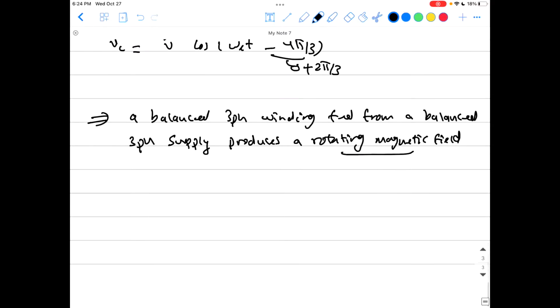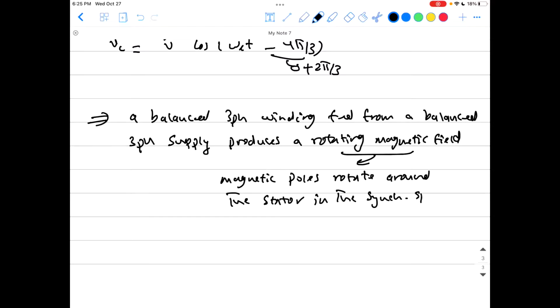What I mean by rotating magnetic field is that its magnetic poles rotate around the stator at the synchronous speed.